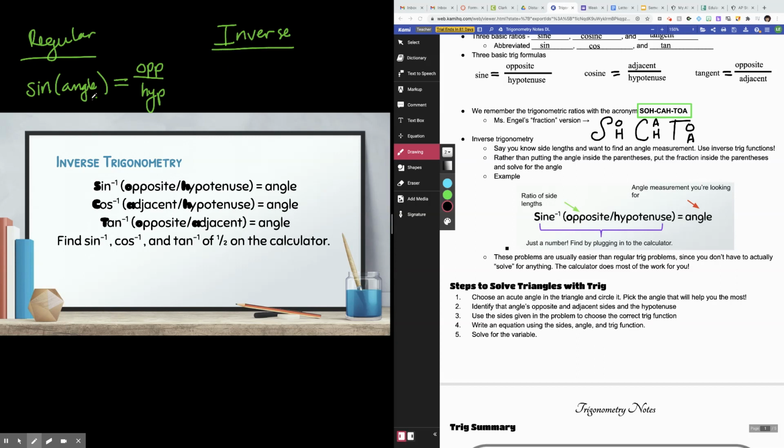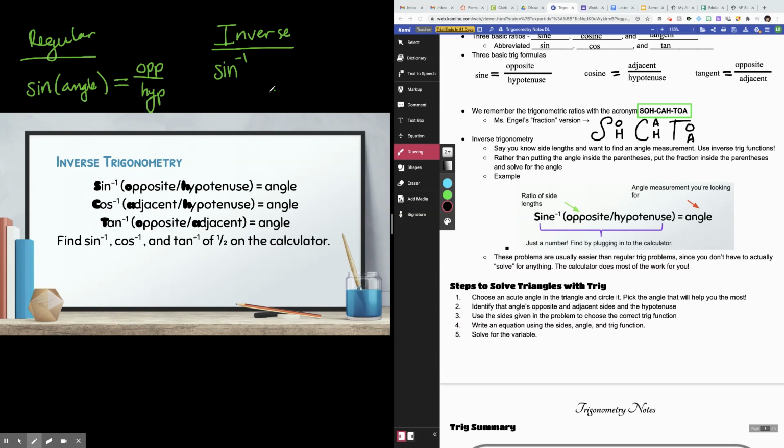In inverse trig, all you do is switch the angle and the fraction. We know inverse using a superscript little -1 to mean opposite.